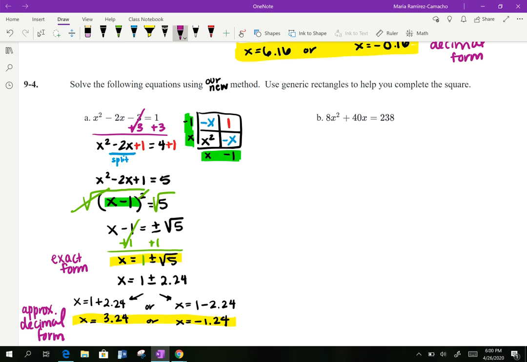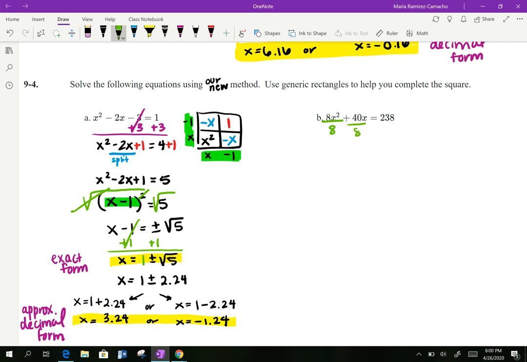Okay, I'm back. For part B, we've got some really big numbers here. 840 and 238. What I can do is start by dividing all of the terms by 8 to make my life a little bit easier. So let's do that.